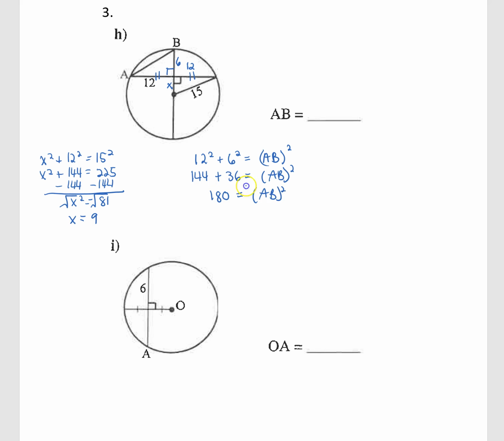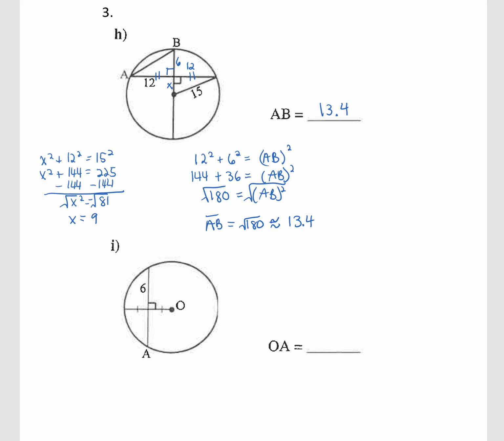Taking the square root of both sides, the square root of 180 is going to be a decimal. So AB is equal to the square root of 180, which is about 13.4 when we round. So our answer here is that AB, rounded to one decimal place, is equal to 13.4.